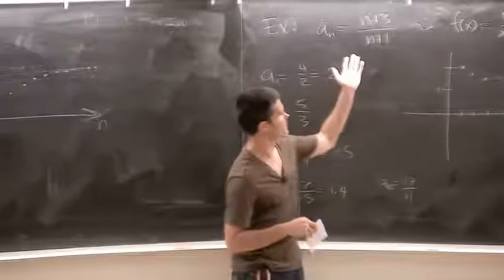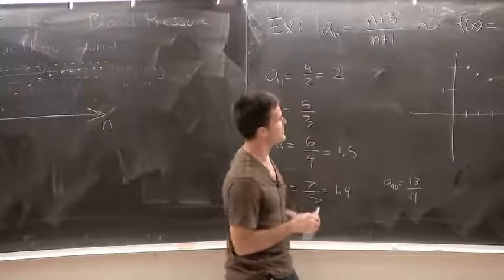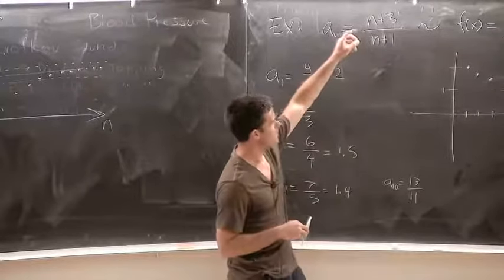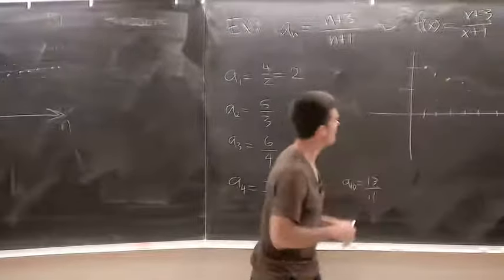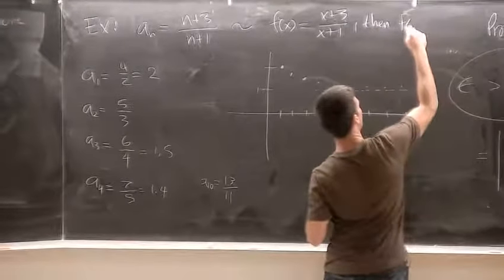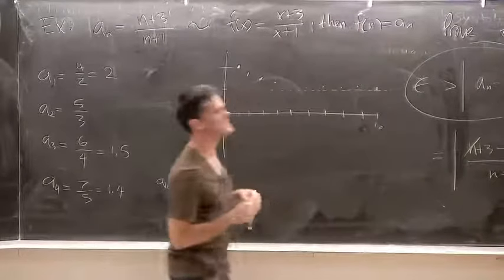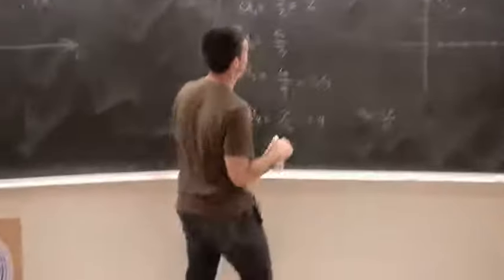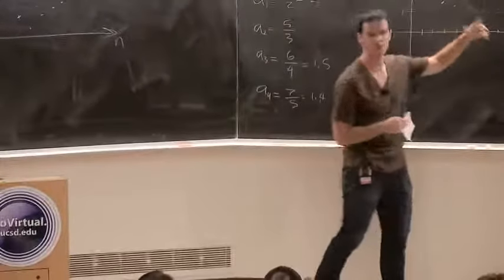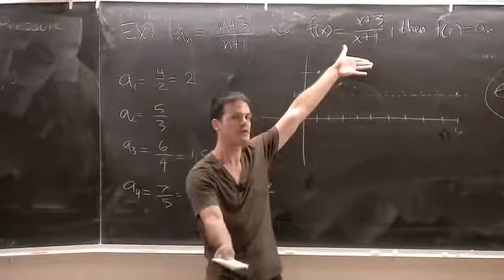This function, if this is f of x, then f of n is a_n. So if you want to derive properties of the sequence, sometimes it just suffices to look at the function defining the sequence.